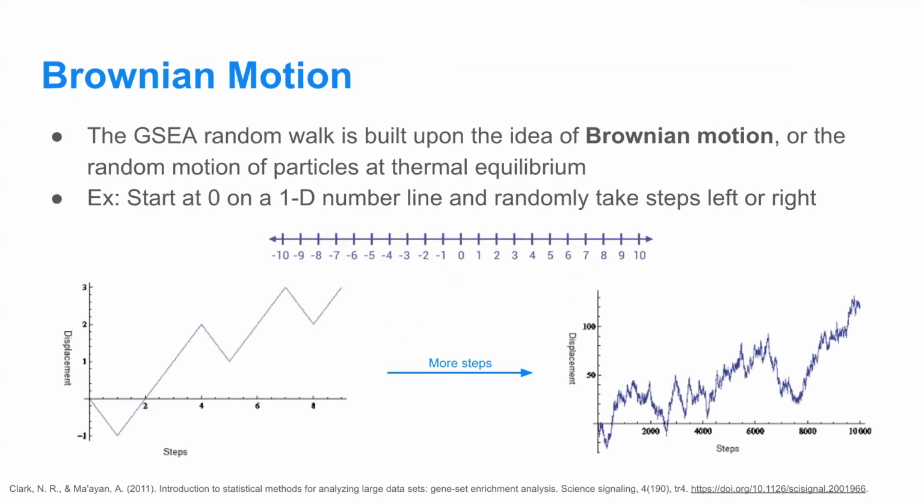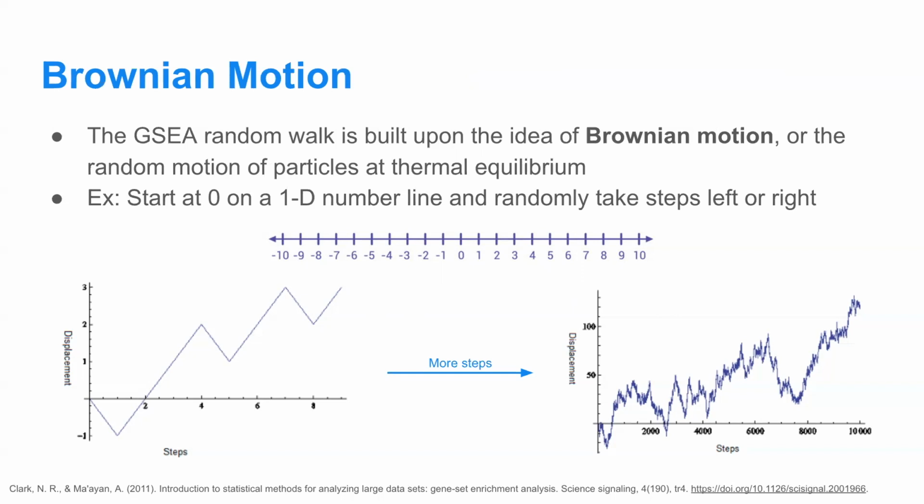To understand the logic behind this random walk plot, it's built upon the idea of Brownian motion, which, at its very physical definition, is the random motion of particles at thermal equilibrium. An example of this that underlies the plot we're going to build: imagine you're starting at 0 on a one-dimensional number line, and you're randomly taking steps to the left or to the right.